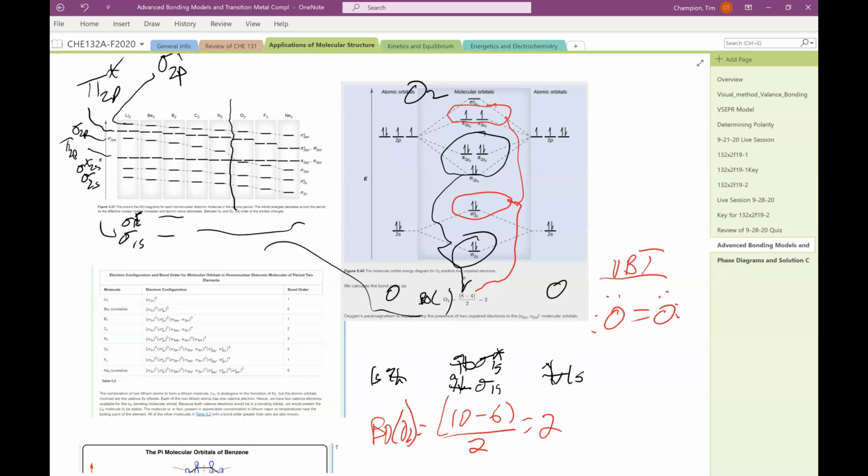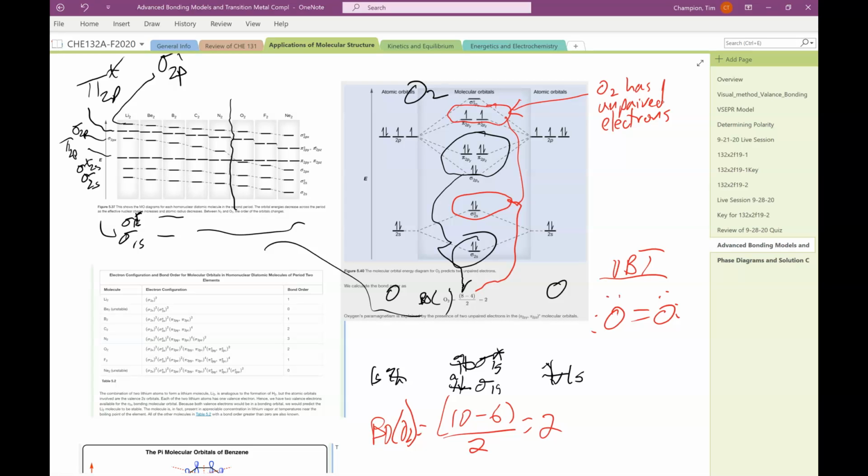The thing that this predicts, though, that's different from valence bond theory, is that oxygen has unpaired electrons. Now, this solves a problem that valence bond theory doesn't explain about oxygen.